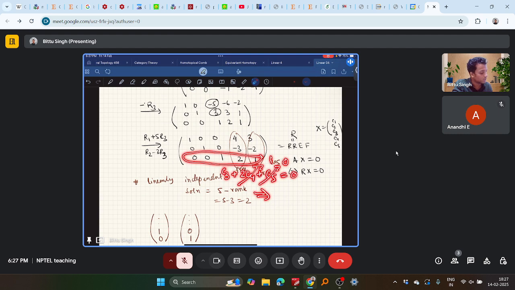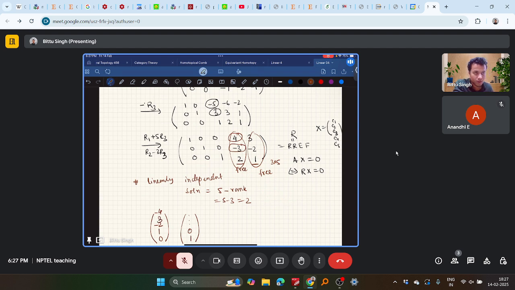Therefore C3 will be minus 2. Similarly, the next will be plus 3 and the first coordinate will be minus 4. Just apply those computations, it is easy to get. Just change those signs.